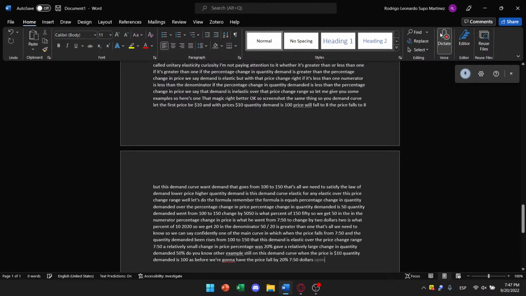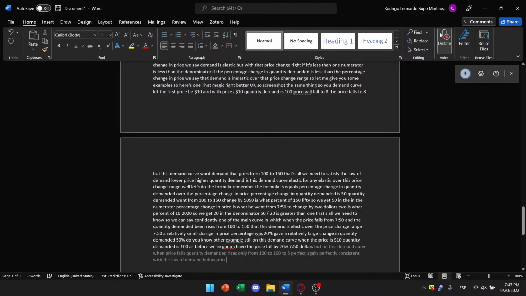But on this demand curve, when price falls, quantity demanded rises only from 100 to 105. Again, perfectly consistent with the law of demand. Lower price, higher quantity demanded. But obviously, if it goes from 100 to 105, that's a lot less bang for the buck, for the price cut buck, than if quantity demanded goes from 100 to 150.